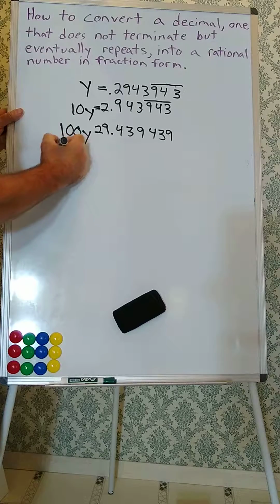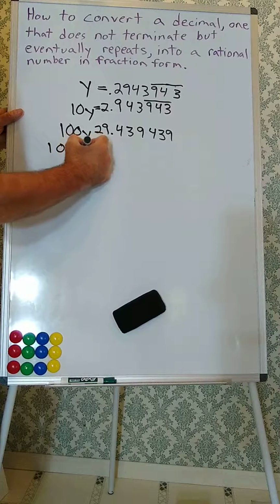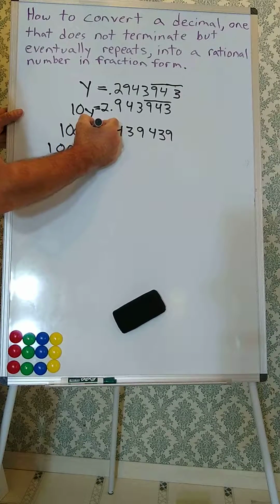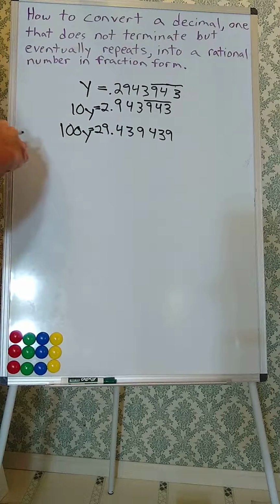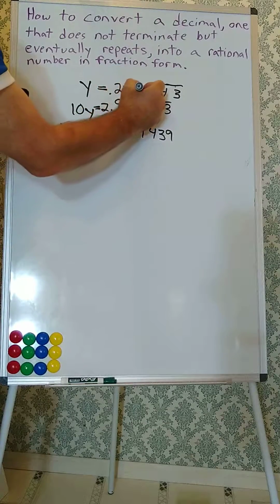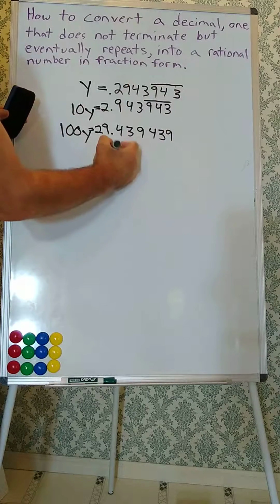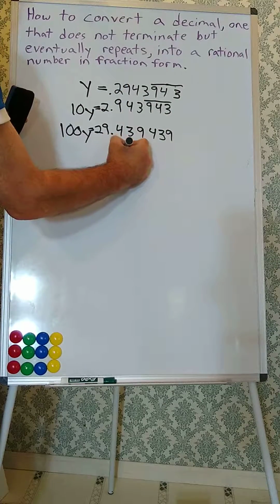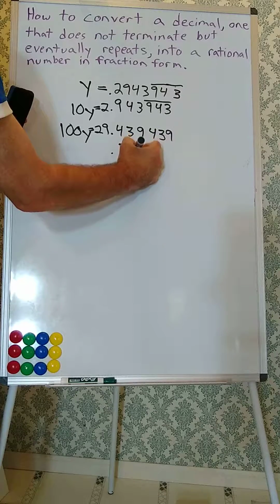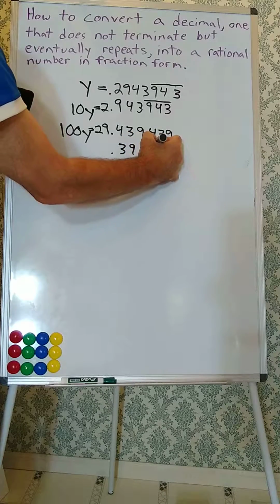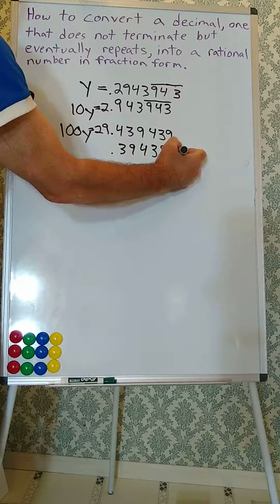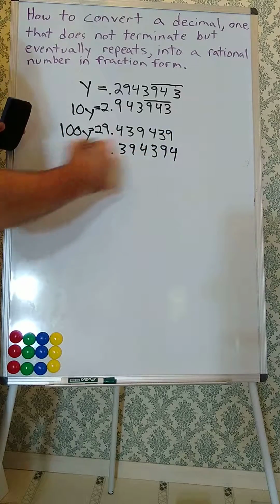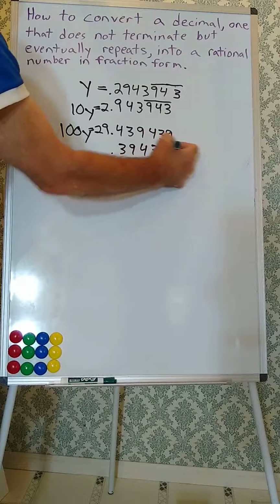And then 1000y equals, at the end. Okay, it's going to move the decimal 3 places to the right. So we're going to have a 3 in the tenths. So 3, and then 9, 4, 3, 9, 4, and this will be repeating.